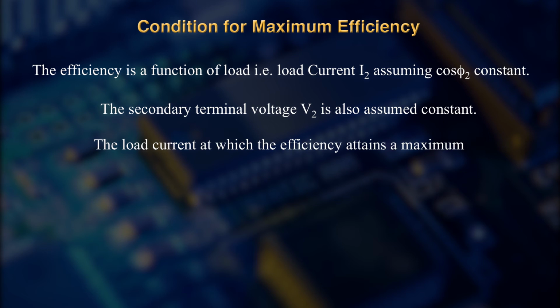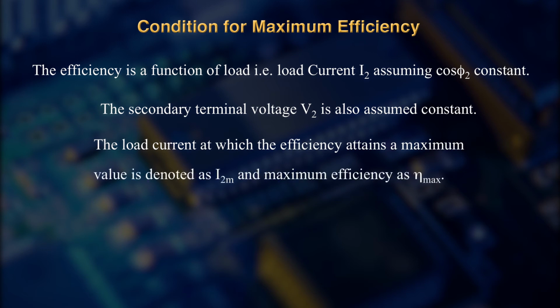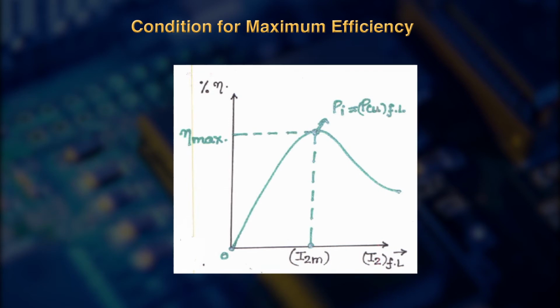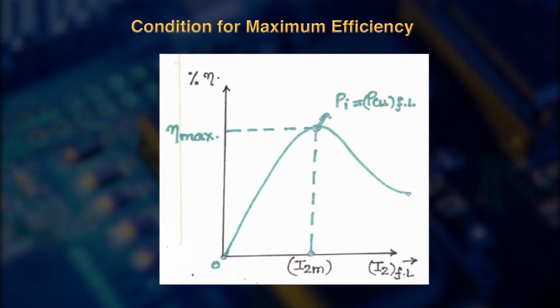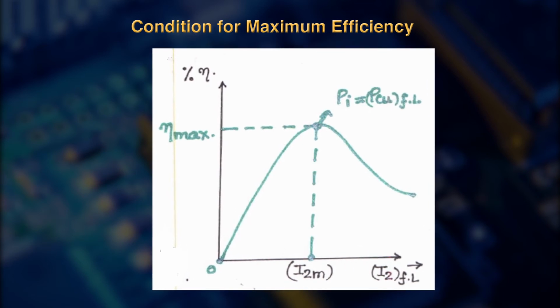The load current at which the efficiency attains a maximum value is denoted as I2M, and the maximum efficiency as eta max. Here you can see in the graph that maximum efficiency occurs at current I2M, and at I2M the iron losses are equal to the copper losses.